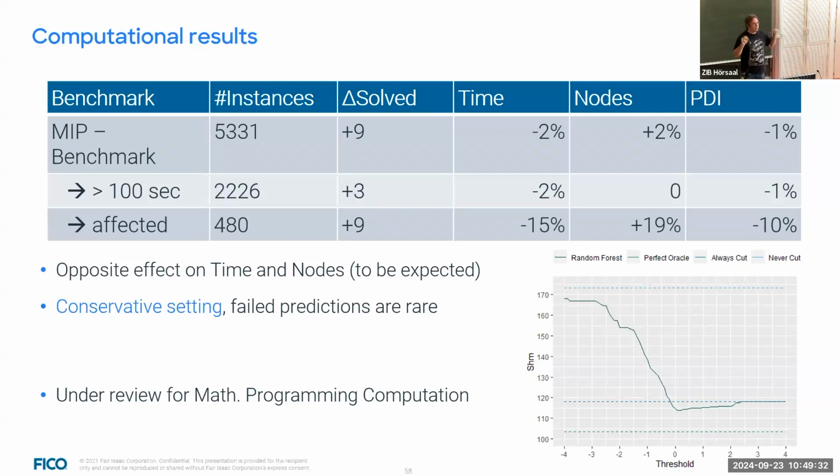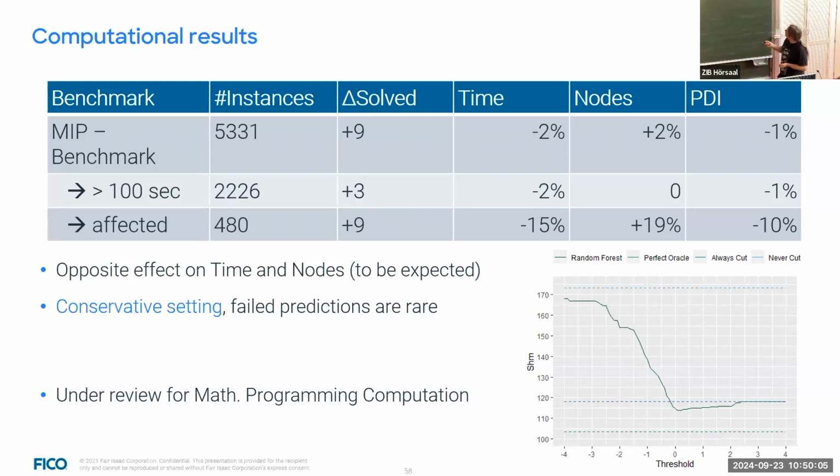Typically, you would say it's not preferable that two different measures contradict each other, but in that particular situation, this is totally expected, because with the learning procedure that we applied, we use a cheaper process in the tree. Obviously, if you don't generate local cuts in the tree, there are situations where you might need to resolve things by branching, where previously you could have cut off the tree. So that's an expected behavior here.